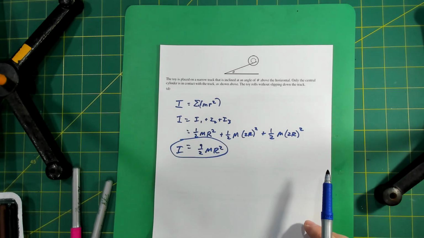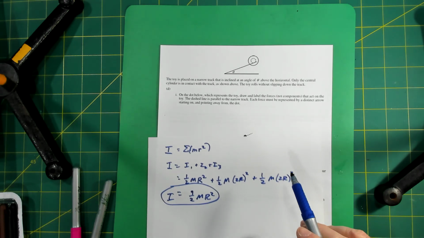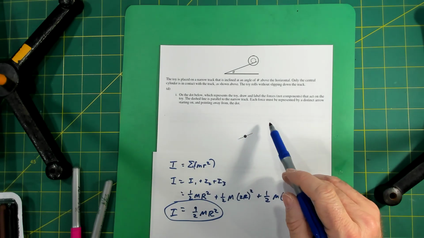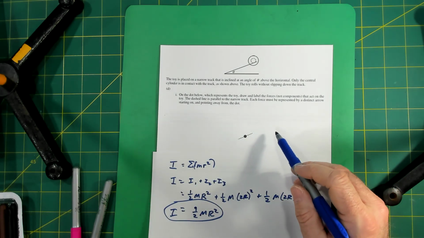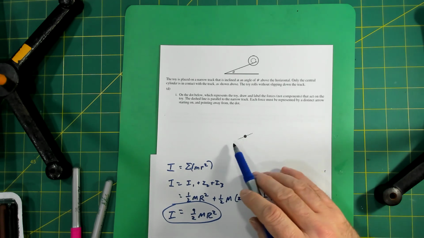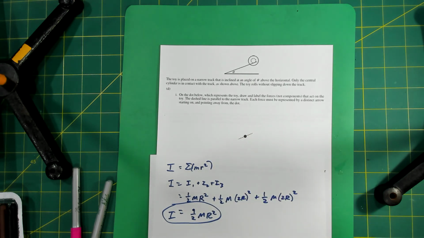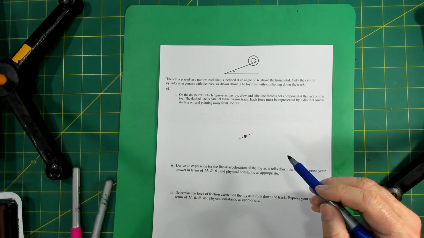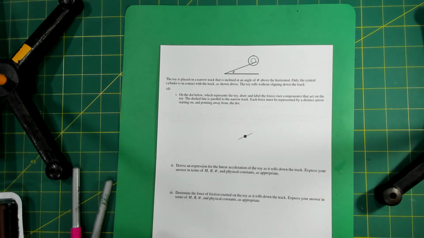What they want to know here is, on the dot below, which represents the toy, draw and label the forces, not components, that act on the toy. The dashed line is parallel to the narrow track. Each force must be represented by a distinct arrow, starting on and pointing away from the dot. And you're like, that's no problem, I can do my force diagram.